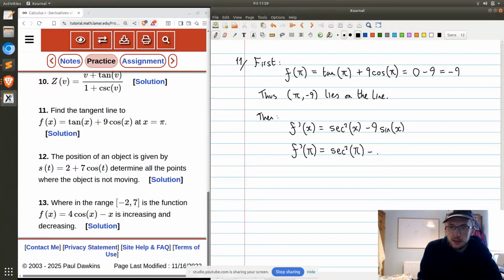So sec squared of pi minus 9 sine of pi. The secant function is 1 over the cosine function. So 1 over the cosine of pi all squared. Wait, what's cosine of pi? Oh, that would be -1. And then you must square it. So we get 1. And what is sine of pi? Well, that would be 0. Isn't it? Yes, it is. It's 0. So it's just 1.